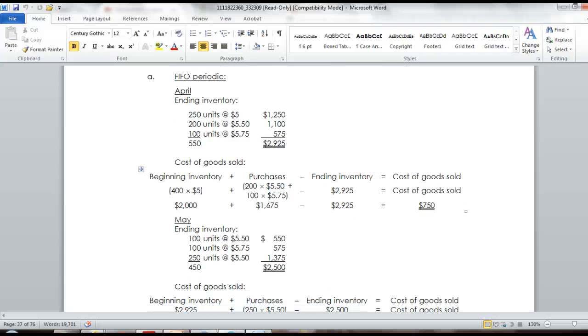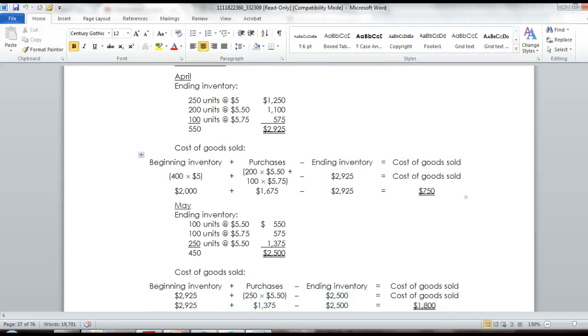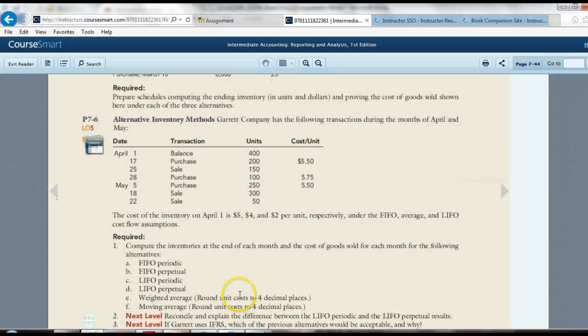So our ending inventory is basically going to consist of our purchase here of 250 units at $5.50 a unit. We had 550 units here.